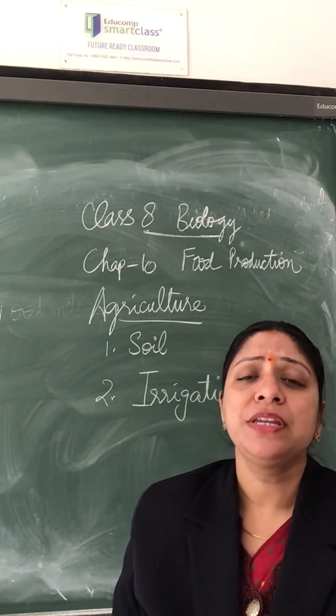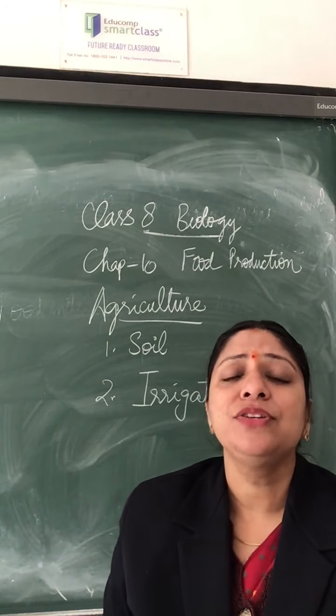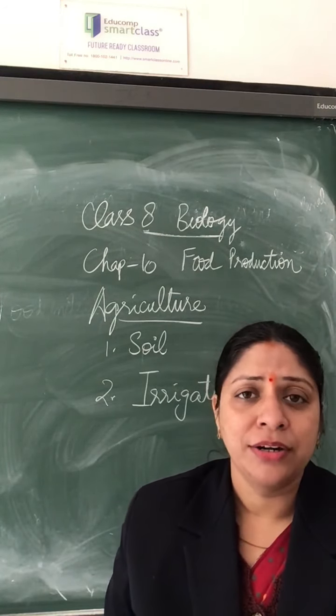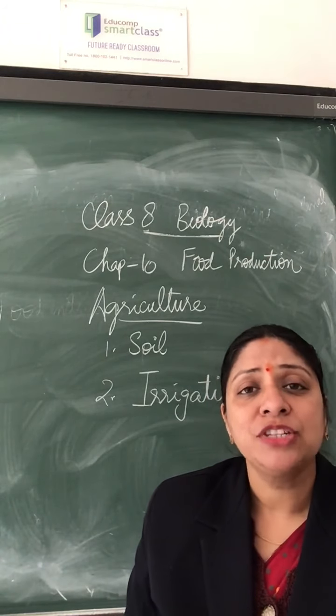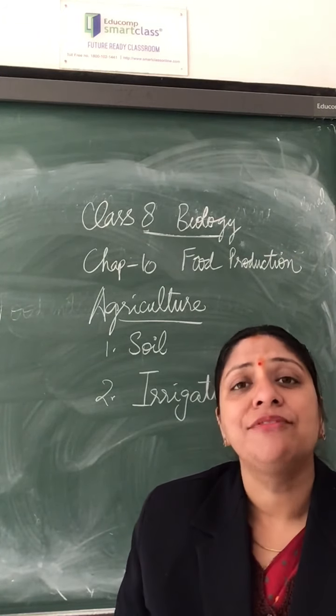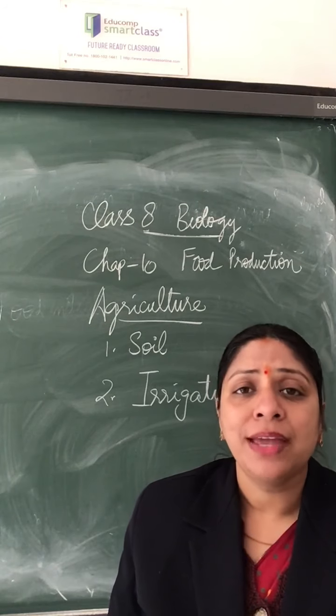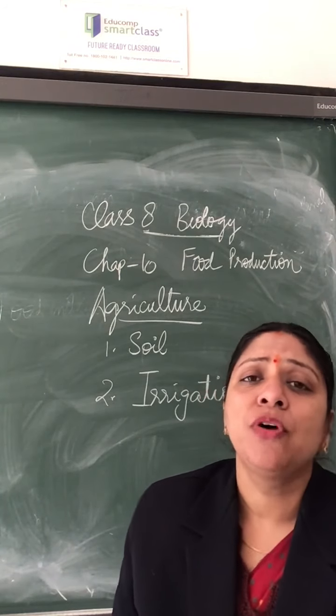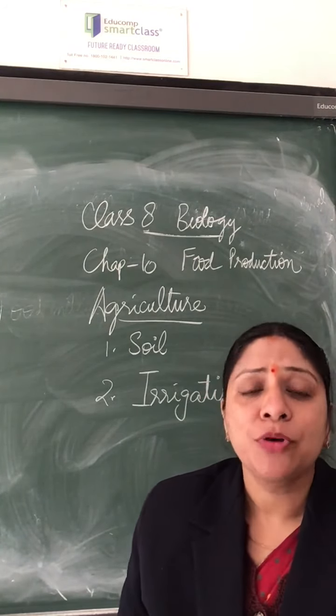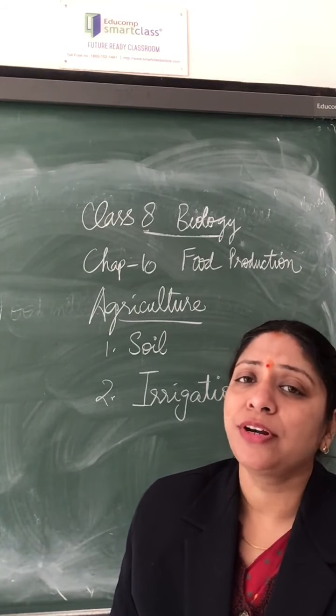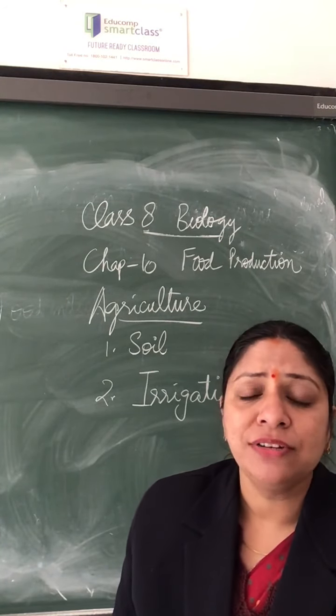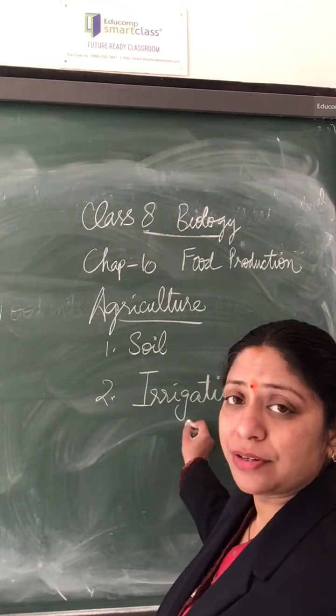Only for a period of a few months, from July to September, does the rainfall occur. But what about the plants which are grown after the rainy season? For them, obviously, water should be provided artificially, and that process of artificially providing water to the plants in the agricultural fields is called irrigation.